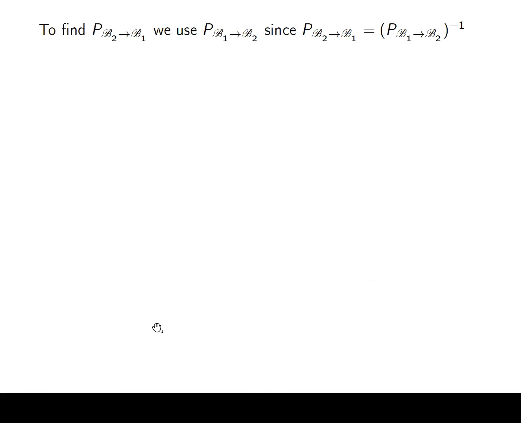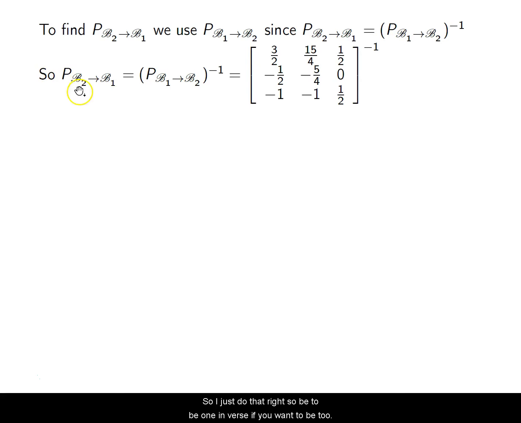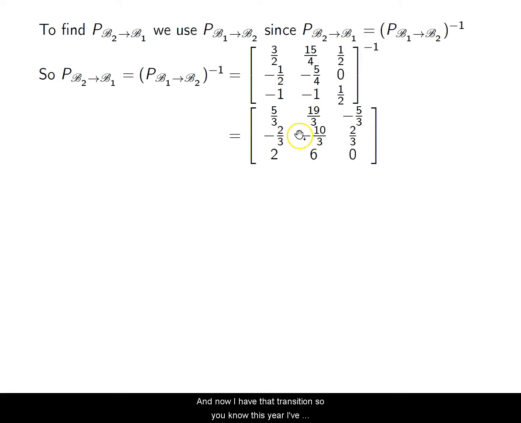So if I want to go from B2 to B1, I just use the matrix that I just found, because B2 to B1 is the inverse of B1 to B2. So I take my transition matrix of B1 to B2, and I invert it. And now I have that transition.